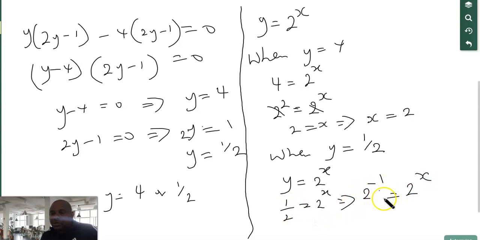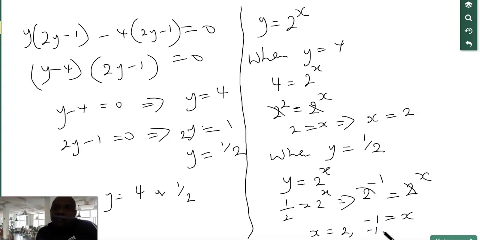Since the bases are the same now, we can cancel the 2, so minus 1 is equal to x. So our x is equal to 2 and minus 1. That is how we can solve the first equation.